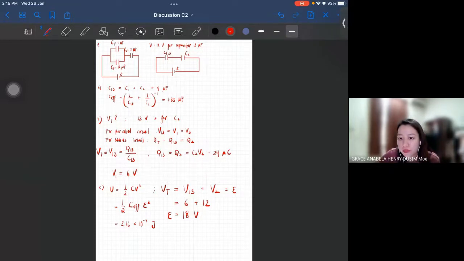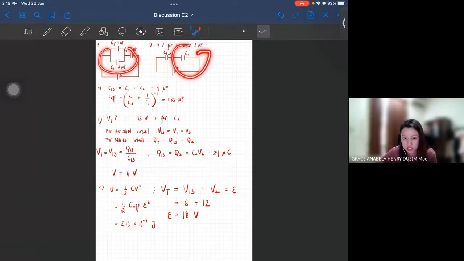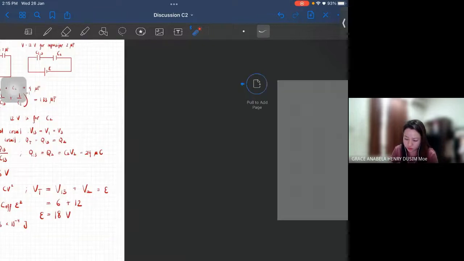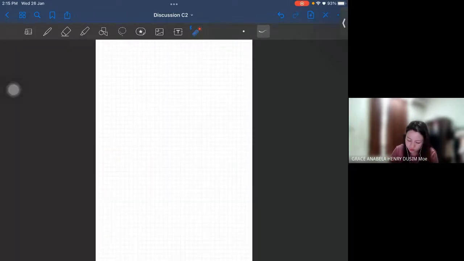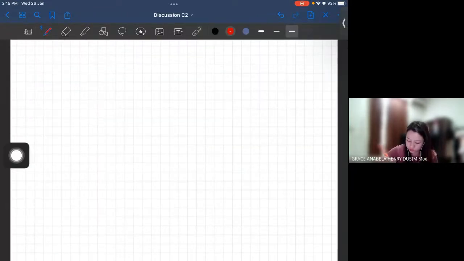Exercise. Sepatutnya kamu yang simplification of the circuit. Okay, sudah. Exercise 3.